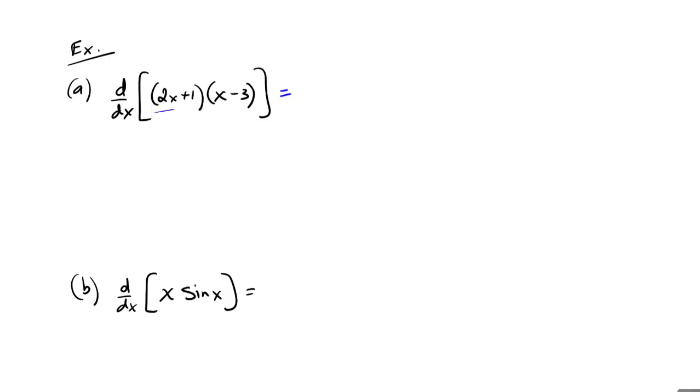So I'm going to take the derivative of the first term, so (2x plus 1) prime, times the second as it is. So I'm not taking it, I'm just showing the derivative, not taking it yet. Plus the first one as it is, 2x plus 1, and then times the derivative of x minus 3.